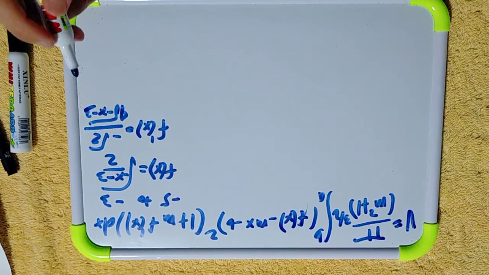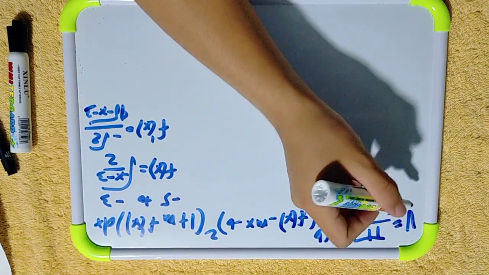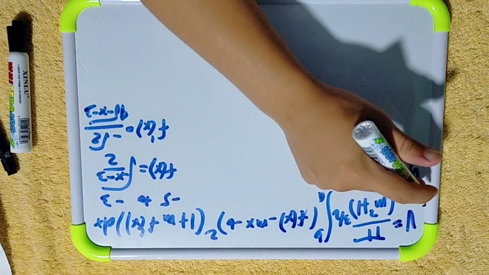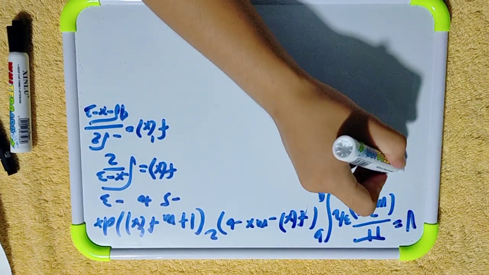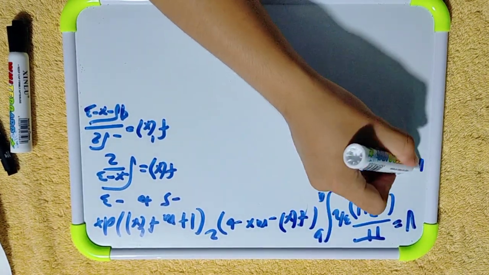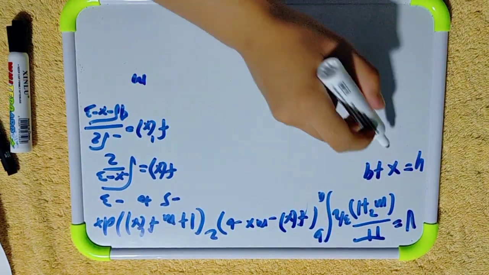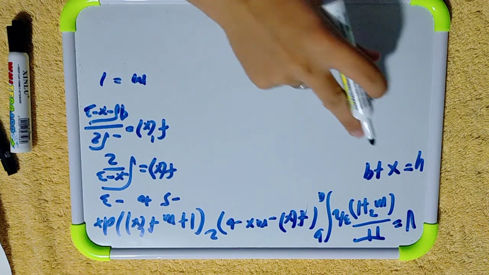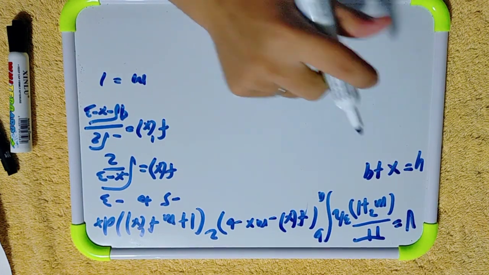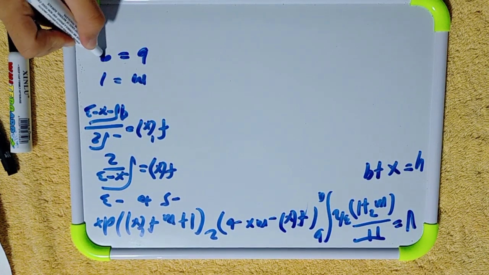Ang magbabago lang dito is yung ating line na pag-rotatean, x plus 9. So, y is equal to x plus 9. Ang slope niyan, m is 1 pa din, and then yung ating y-intercept, which is yung b, is equal to 9.